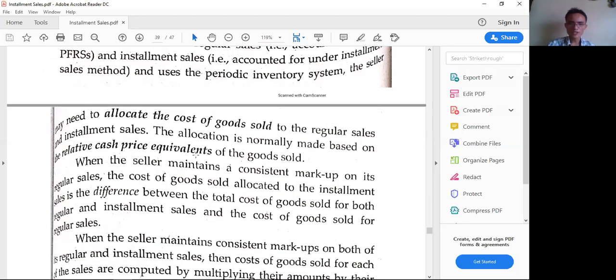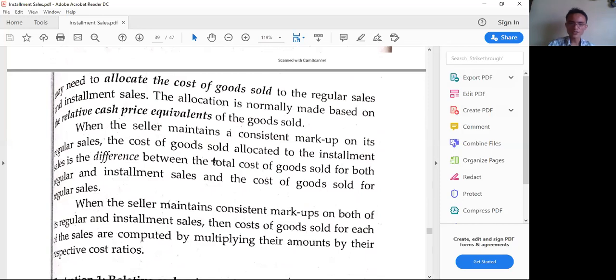The allocation is normally made based on the relative cash price equivalents of the cost of goods sold, or cost of sales. Meaning to say, whatever is the price of the respective type of sale, such would be converted to make sure it is under the cash price equivalent.